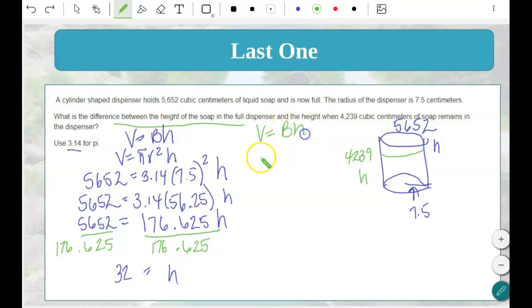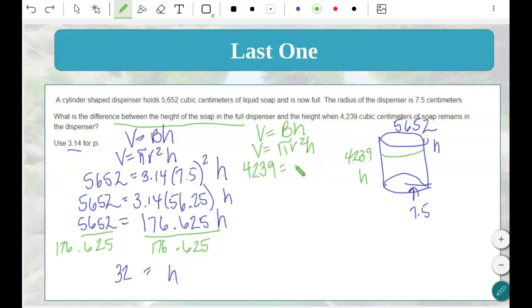Same steps. We have pi r squared. Now, one thing to think about here: this side is not going to change because the radius is the same, pi is the same. We're just looking for the h here. So I'm going to jump down to this step here, but this time the volume is 4,239.